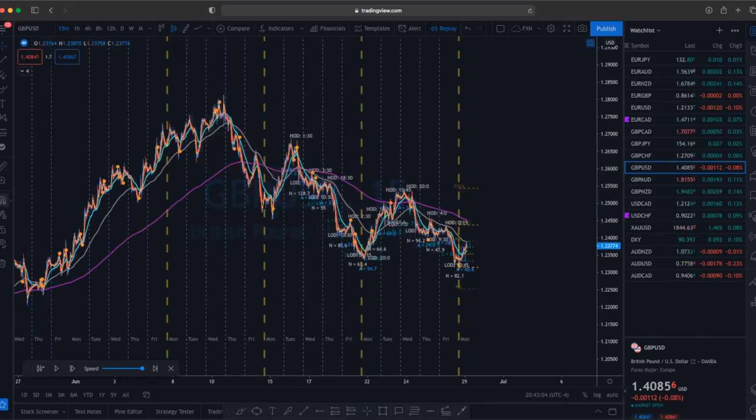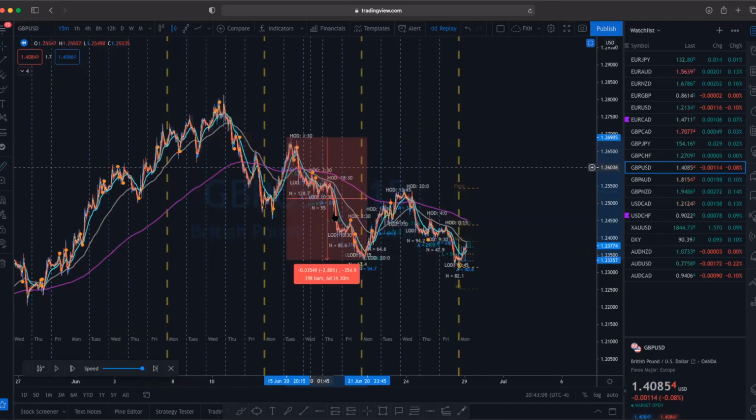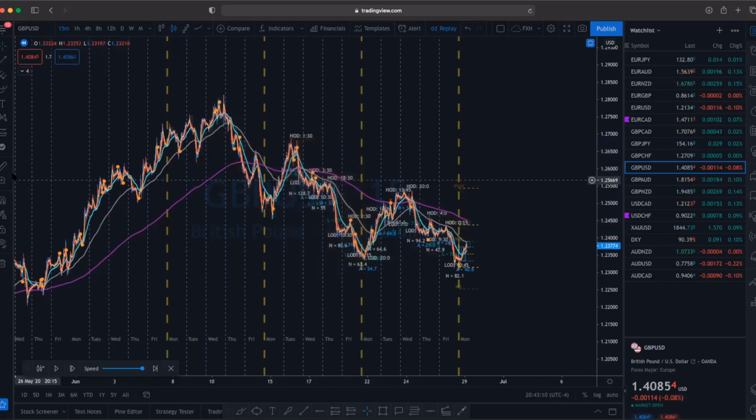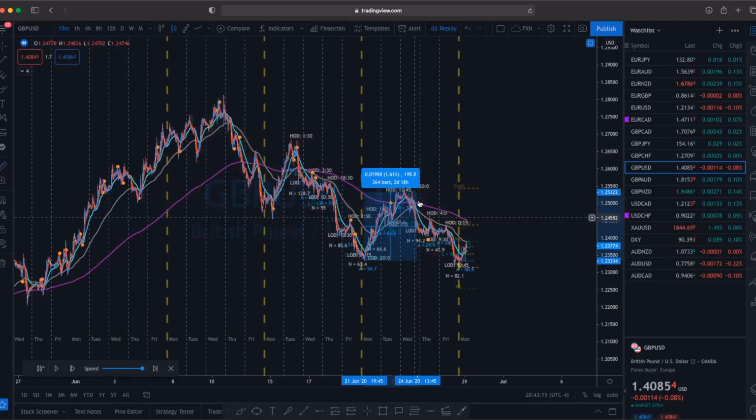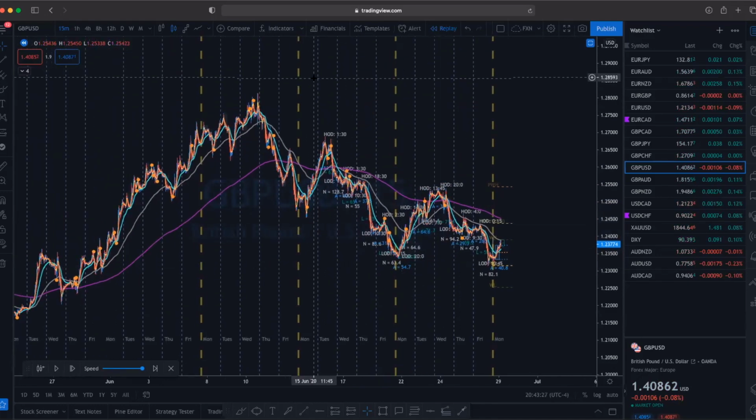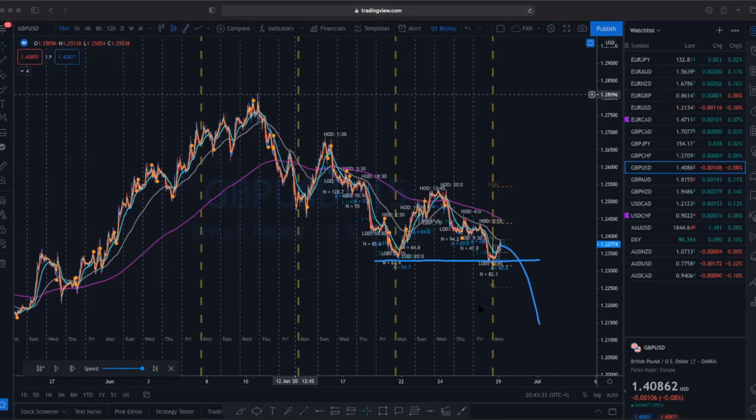Came down. Let's see if this is another one here. Yep, that's another cycle here. And this is another reset here, it looks like. Either another reset or an unconfirmed reset, right? So if they don't break this low here, then it'd be unconfirmed reset. But if they break it, it'd be a confirmed reset.